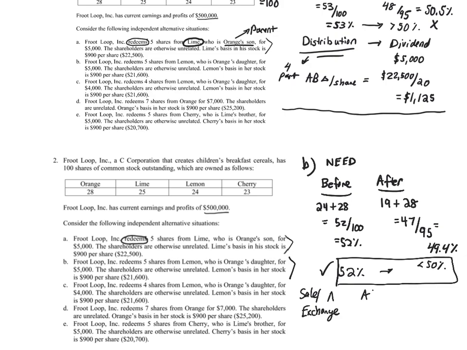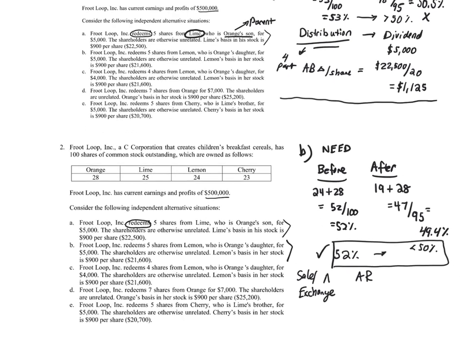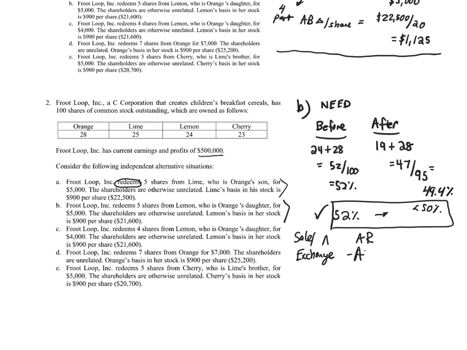We do amount realized minus adjusted basis. We're told the amount realized is $5,000. The adjusted basis given to us in the problem is $900 per share, so times 5 shares is $4,500. So the $500 capital gain, and the adjusted basis per share is the same as before. So it's $900.